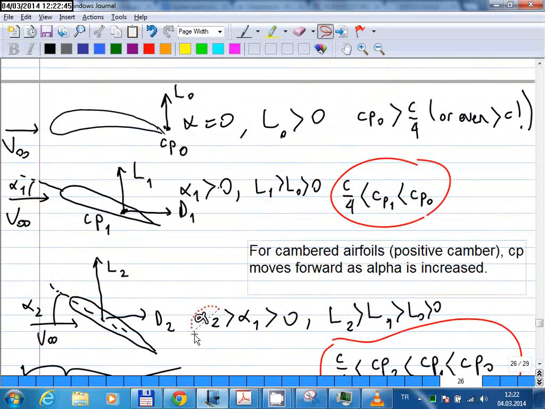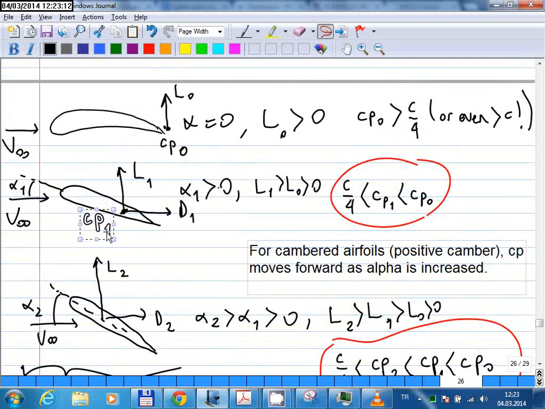So if alpha 2 is greater than alpha 1, then the corresponding lift force will be greater than the lift force for alpha 1. But what's important for the cambered airfoil is center of pressure is not fixed anymore. For a symmetric airfoil, center of pressure stays almost fixed at the quarter-chord point, whereas for cambered airfoils, it's not the case.